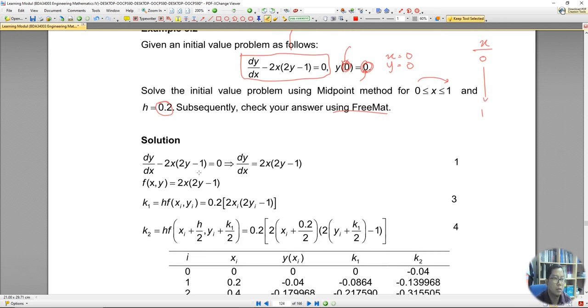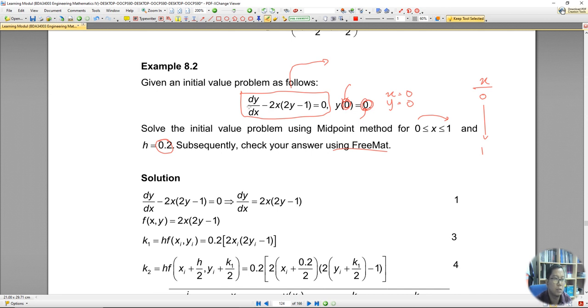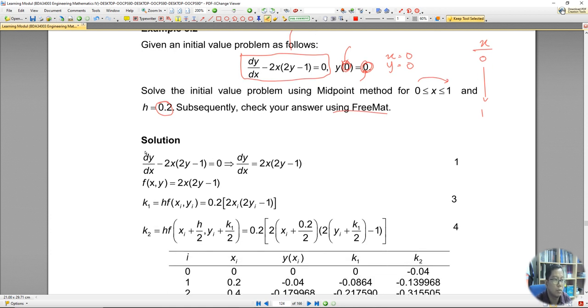So for the solution, first we have this equation: dy/dx minus 2x multiplied by (2y minus 1) equals 0. You have to rearrange this statement to be like this.